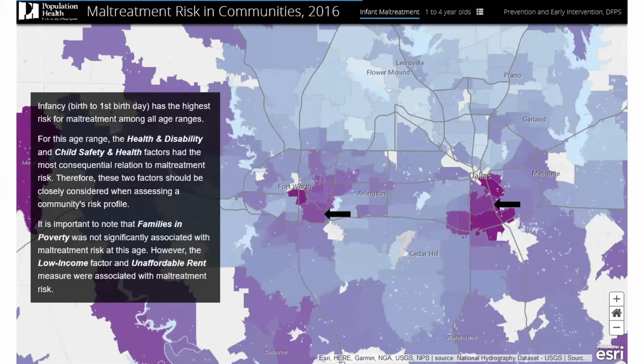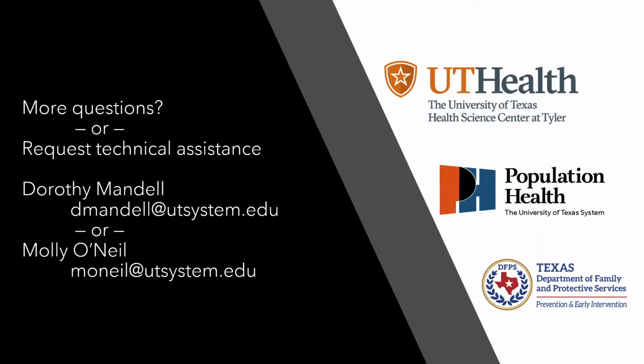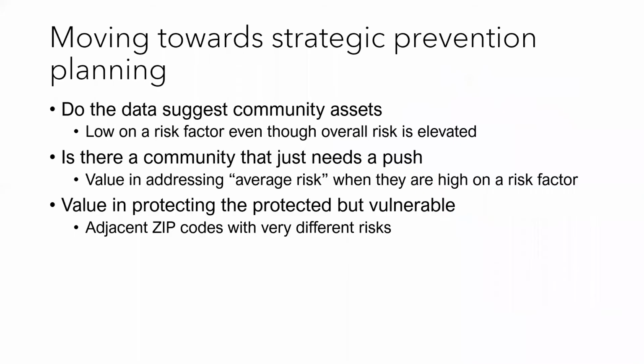And only those of you who are on the ground in your communities can really look at these zip codes and tell the difference between the two. But at the same time, I would really encourage everybody to look at whether there is value in protecting the protected but vulnerable among these adjacent zip codes with very different risk factors associated with them.